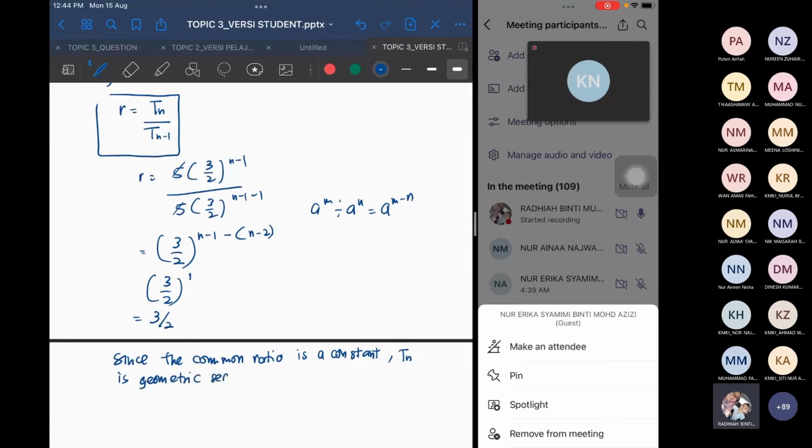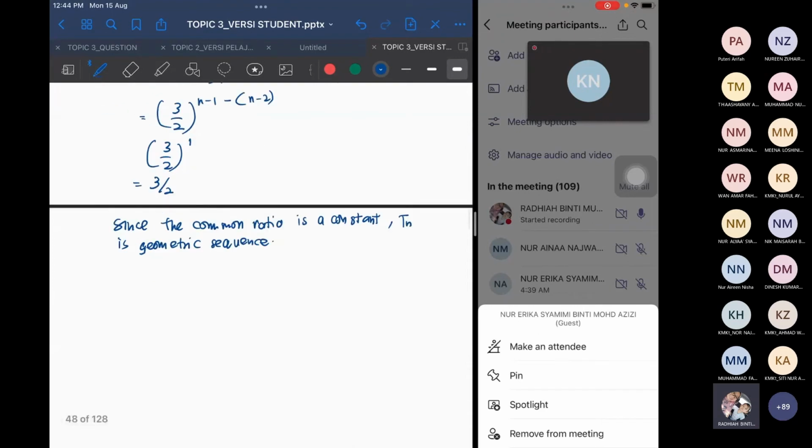Kena tulislah sikit conclusion tu ya kelas. Macam hari tu kita ada soalan yang arithmetic sequence tu, kita kena show dia adalah arithmetic. So kita nak show arithmetic, kita tengoklah kita punya common different tu constant ke tak. Gitulah. Tengok balik lah beza dia macam mana.